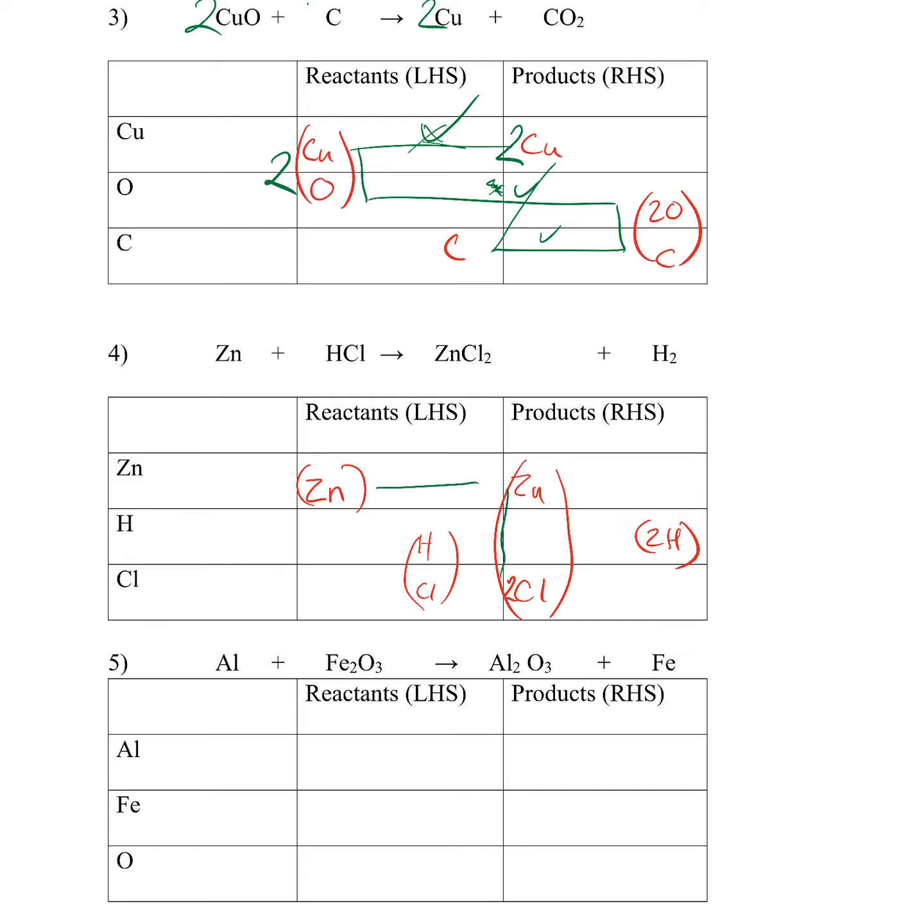So let's go down to the chlorine. Chlorine is not fine, so let's fix it. Now we go up to the hydrogen. We didn't change anything in the past, so we don't have to worry about that yet. And we check that, and it's good. So good. Go back to the zinc. We're good. Yeah, so I think we're okay. So what did we add? Double check what you added. Make sure you got it figured out.